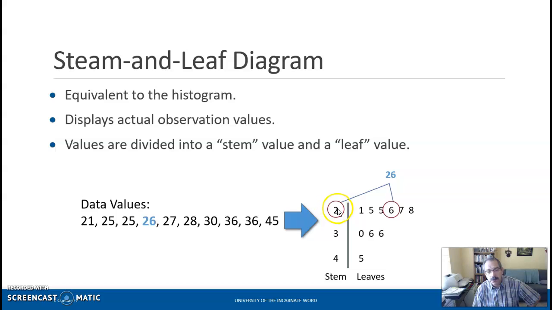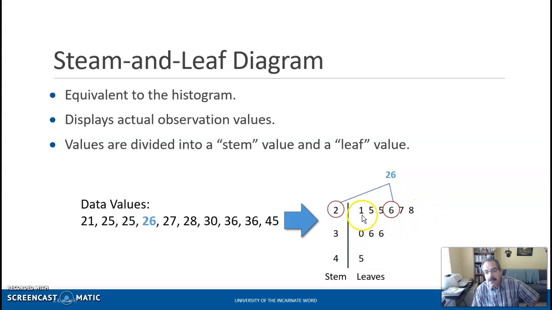The first value in the 20s category is 21, so you put a 1. Then the next two values are 25, so you put two 5s, and 26 is a 6 here, for the 27 a 7 here, and an 8 here.